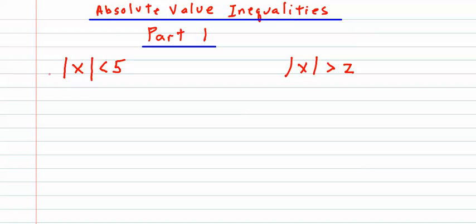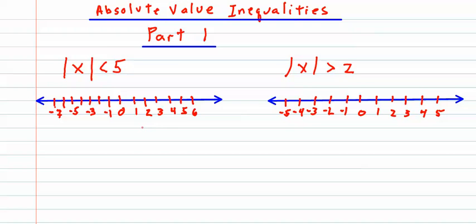So on both of these, I want to look at a number line. I'm now going to draw two number lines, one for each of these problems. Let's start with the absolute value of x is less than 5. Think about what numbers have an absolute value less than 5.